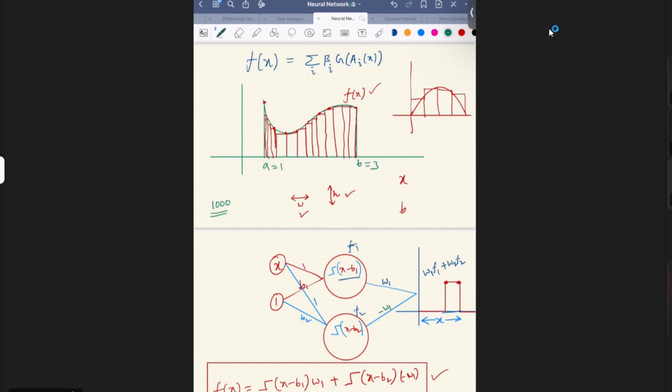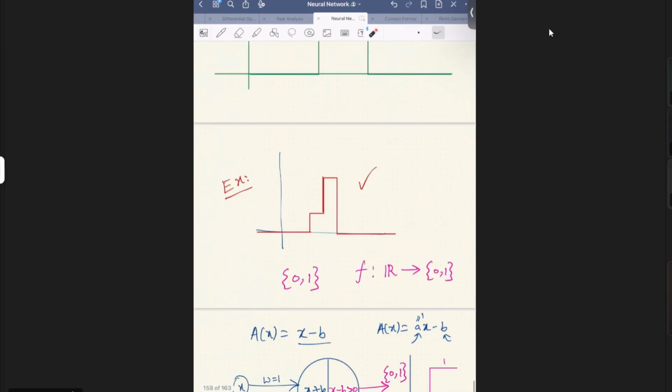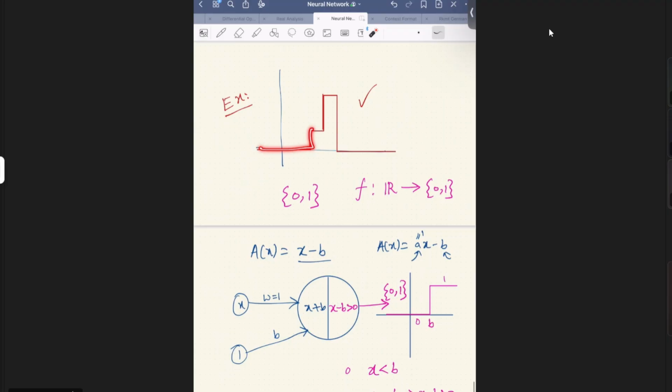Then they must be tiny signals, and the combinations of all those neural network pieces will give a close approximation to f of x. All these are rectangles, the signals are like this one only, all linear combinations of side by side ones.